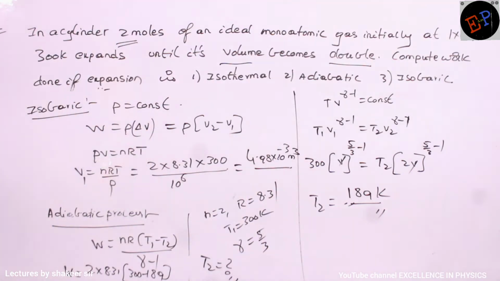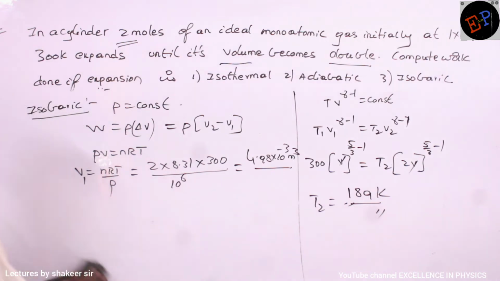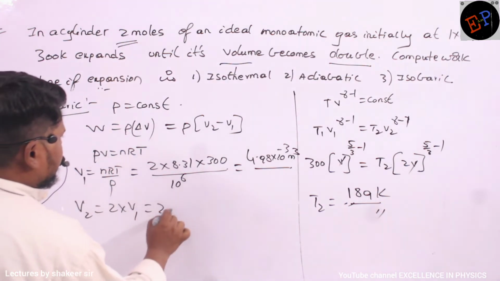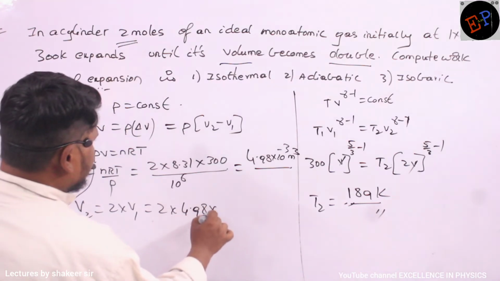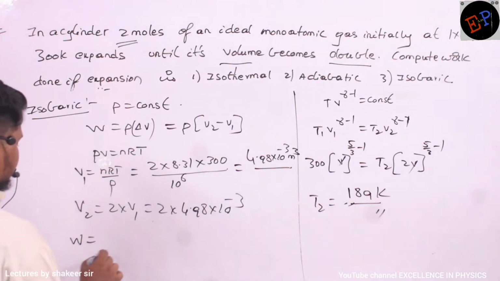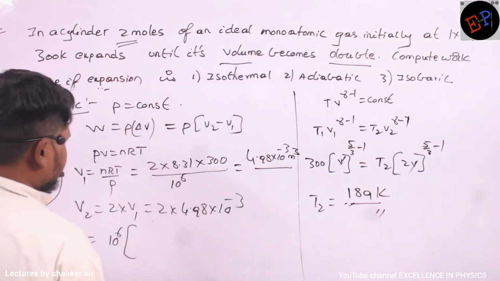Then what is the final volume? The final volume is just double of this, so V2 is 2 times V1, which is 2 into 4.98 into 10 power minus 3. Clear? Take all these values and substitute in work done. So the work done of the isobaric process: pressure is 10 power 6 multiplied by the change in volume.